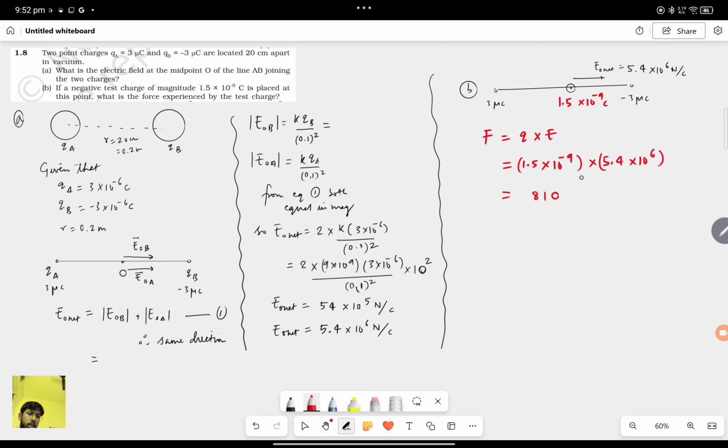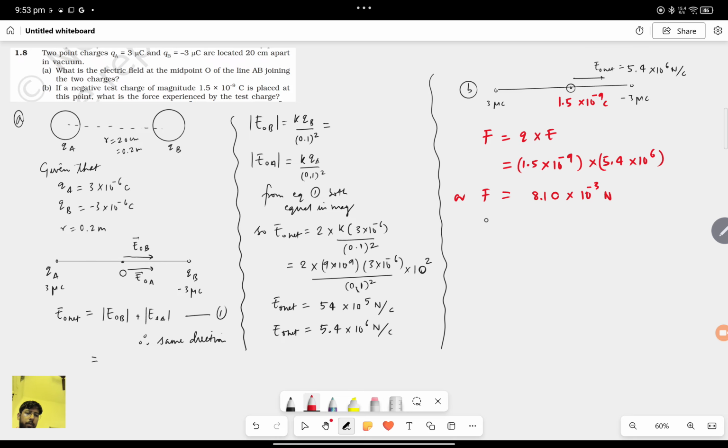So this is how you can calculate, and after that we have two decimals, so we are going to place the decimal here, and for 10 to the power minus 9 and 10 to the power 6 it is going to be 10 to the power minus 3 Newton, right?